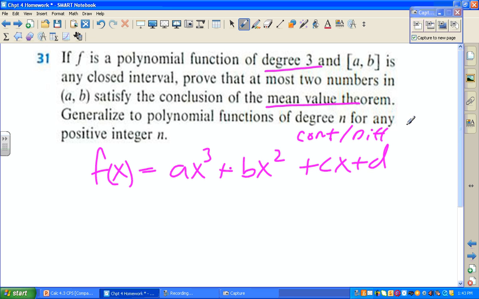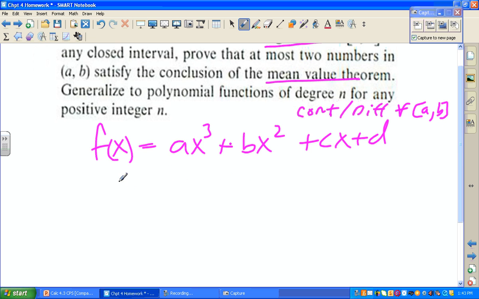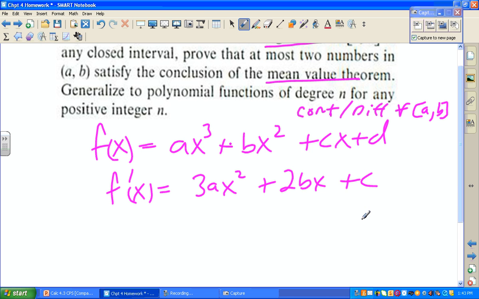It's a polynomial for all a to b. Just by the fact it's a polynomial, you know that to be true. So what is the derivative of this going to equal? 3ax squared plus 2bx plus c. And that is a quadratic.